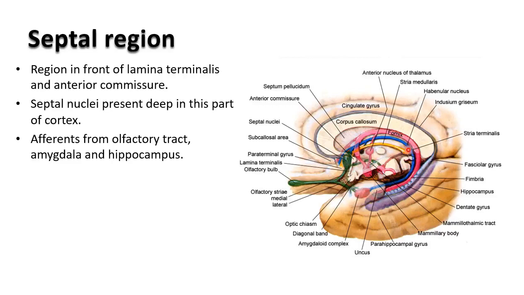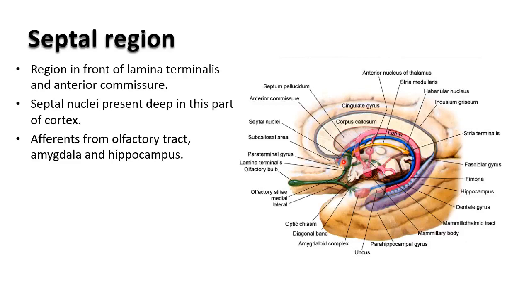From the amygdala, through the stria terminalis, it projects into the septal area. From the hippocampus, through the fornix, it projects into the septal area, which consists of the septal nuclei.